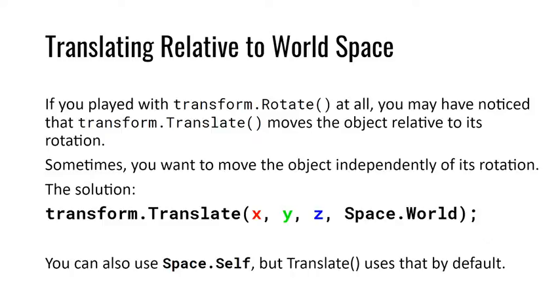So you can add a 4th argument, Space.World, that makes it move relative to the world rather than the object itself, so it won't move weird. Can you set it to another object inside the world? No, it's only Space.World and Space.Self. I don't know why you would use Space.Self, because if you omit Space.World, it's basically Space.Self.